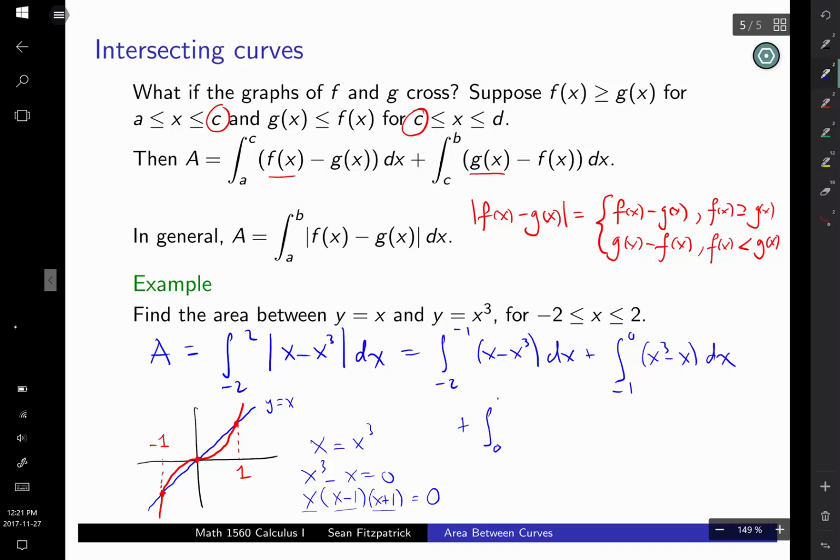So from 0 to 1, I've got to do x minus x cubed. And finally, they cross one more time at 1. And from 1 up to 2, the cube function is on top. So I have to do x cubed minus x. So I've got to do those 4 integrals.